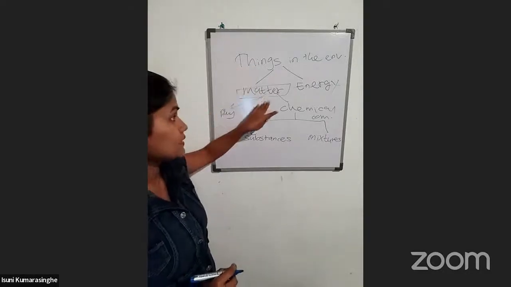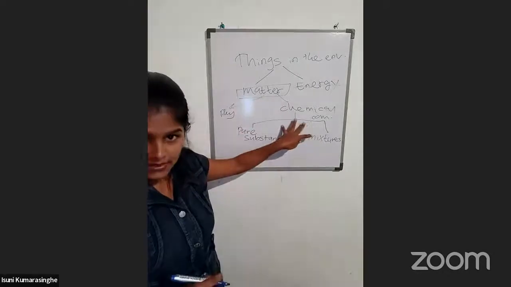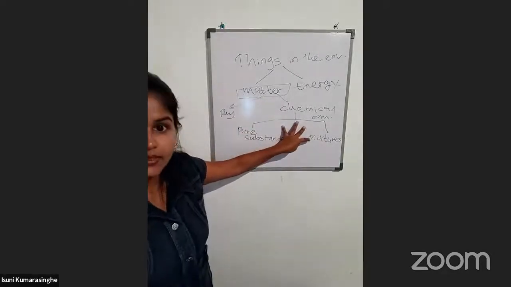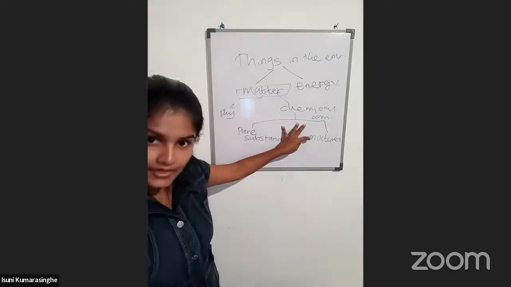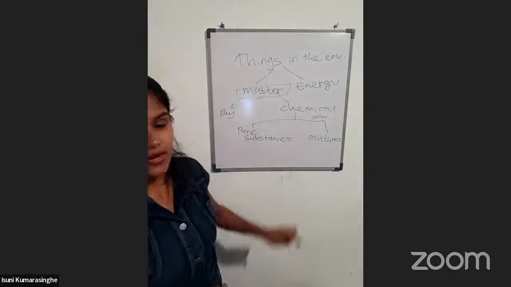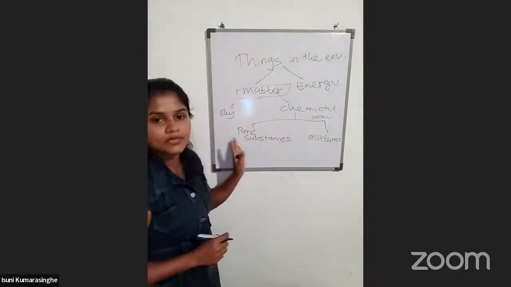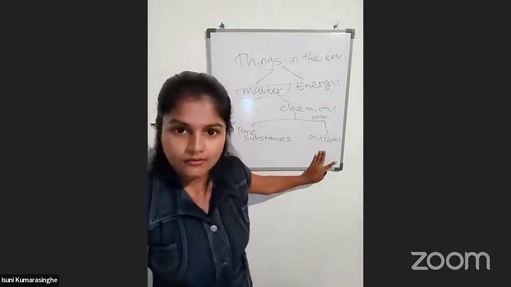We separate matter. Now we are discussing how matter differentiates in order to their chemical composition. Under this section, we can divide it into two called pure substances and mixtures.